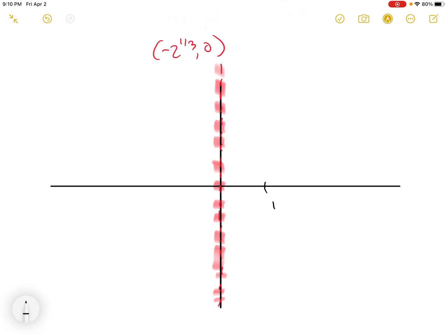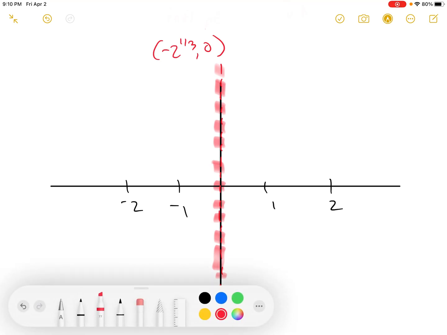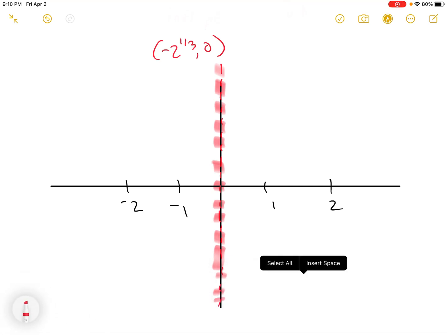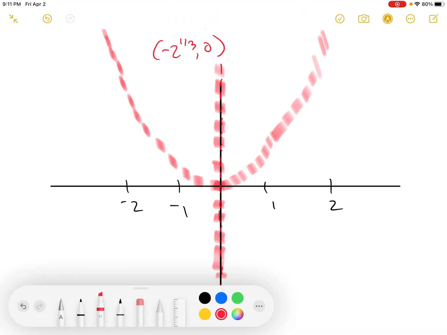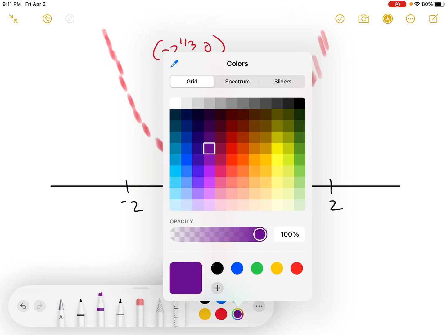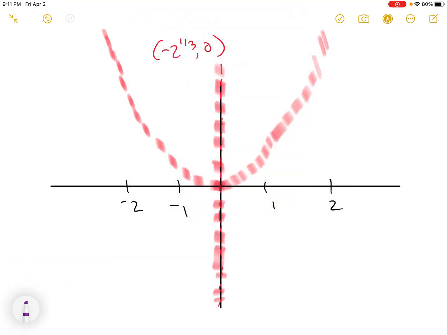All right, now for the new fun stuff. I have 1, 2, -1, -2. We have a quadratic asymptote. That looks like that. We have a 0 somewhere. Where is it? -2 to the 1/3. I bet it's about right there.